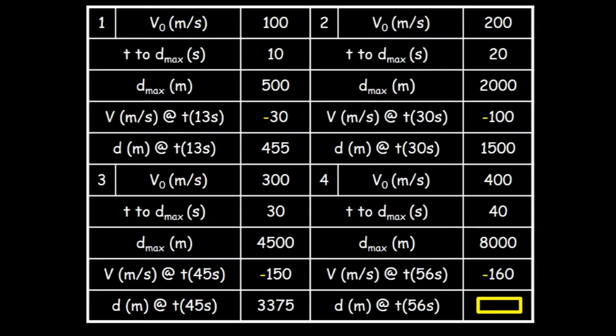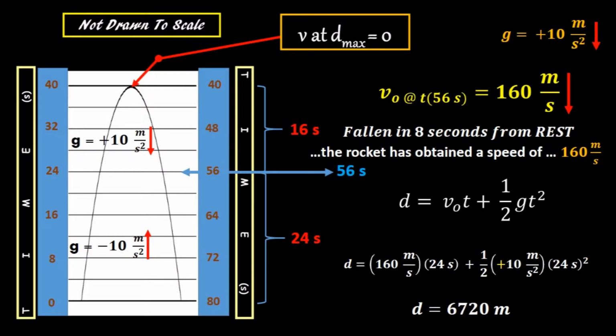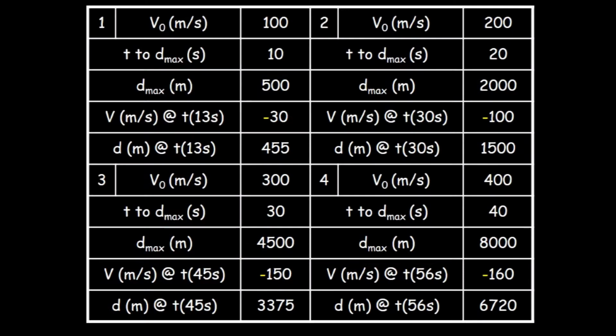And that's correct there, negative because down is negative for velocity. And then the last one is going to be falling for 24 seconds, starting at 160 meters per second, and that's going to be 6,720.